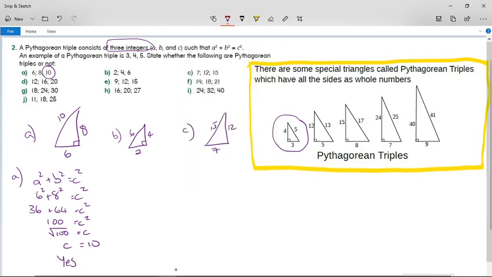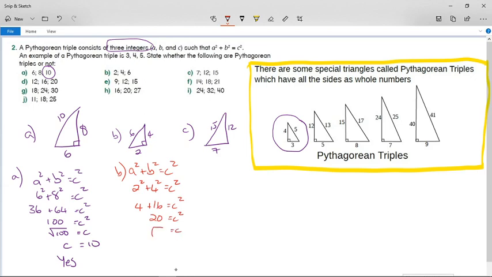Now let's try number B. a squared plus b squared equals c squared if it is indeed a Pythagorean triple. They gave us 6 as the longest side, so a is 2, b is 4. So 2 squared plus 4 squared equals c squared. 2 squared is 4, 4 squared is 16, so 20 equals c squared.